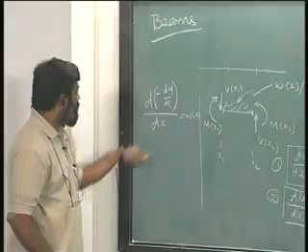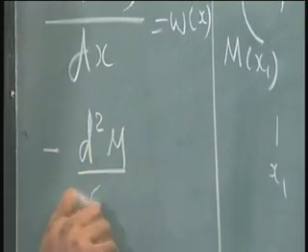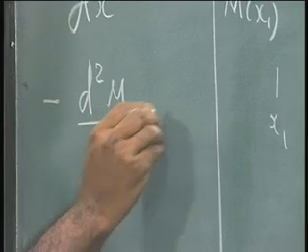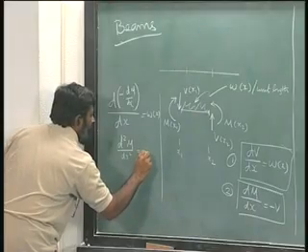What is this? This is nothing but minus d squared M by dx squared is equal to w of x. So, I am going to take this minus over to the other side, which is minus w.